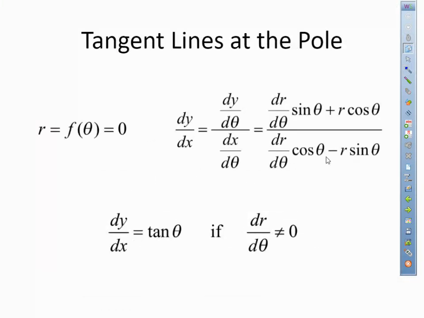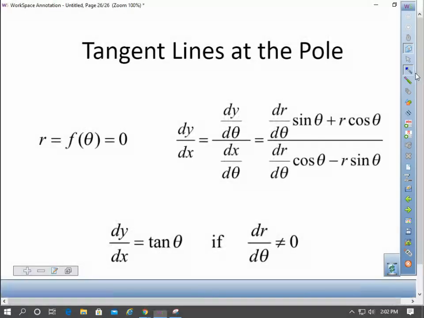Now, how do you do tangent lines at the pole? Remember, tangent lines at the pole mean at the origin. And when you're at the pole, that's when your r is 0. Remember, r is the variable that represents the distance from the pole.